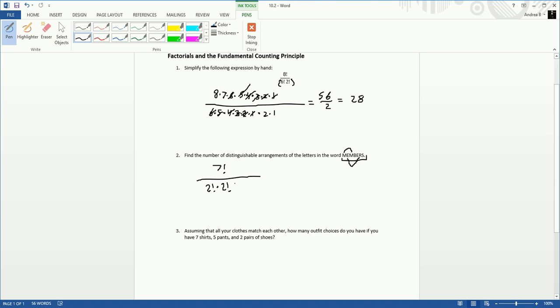And then if you look at each of the other ones here, so for instance the B, there's only 1 of those. And then the R, there's 1 of those. And then the S, there's only 1 of those. So each of those would be as a 1 factorial. But keep in mind that a 1 factorial is just equal to 1.